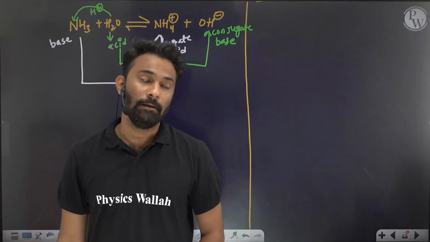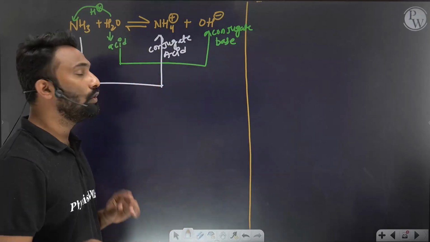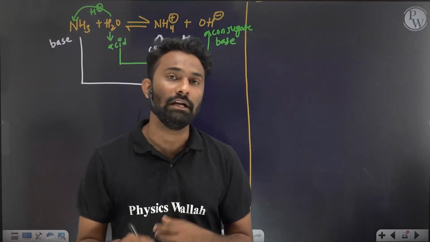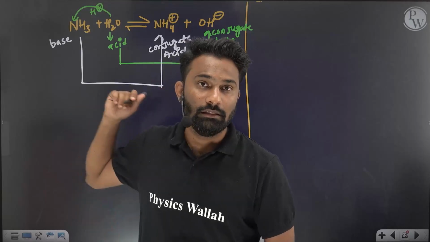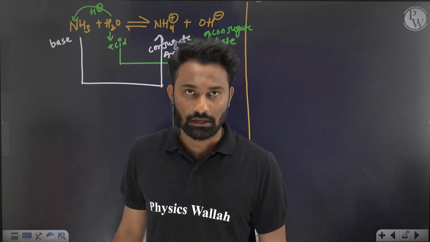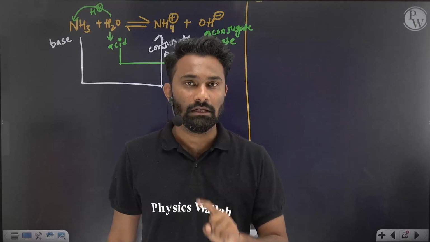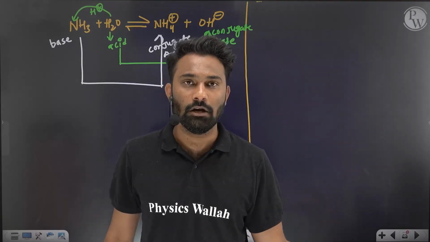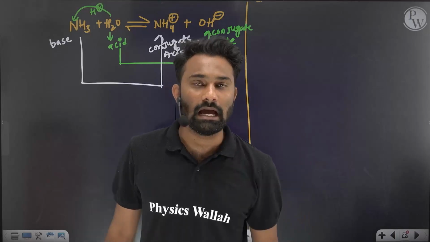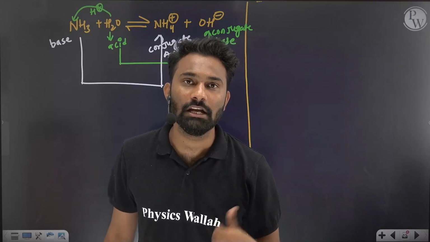Okay. Now how to identify the conjugate acid and the conjugate base from the molecule or substance? If the H plus has been lost, the remaining ion will be the conjugate base for it.